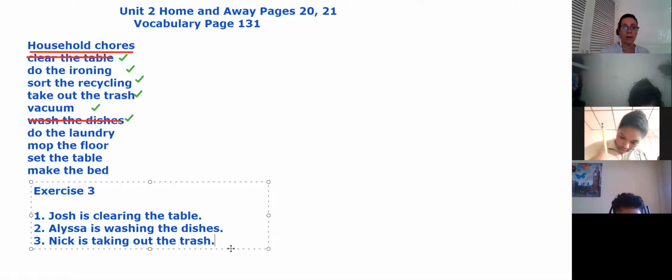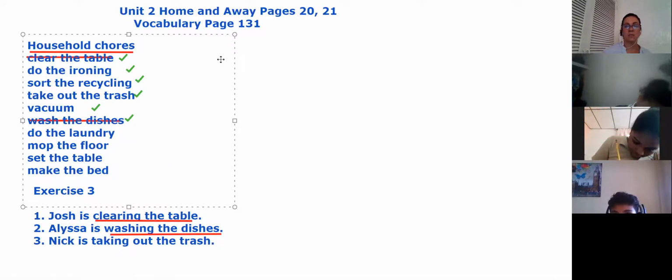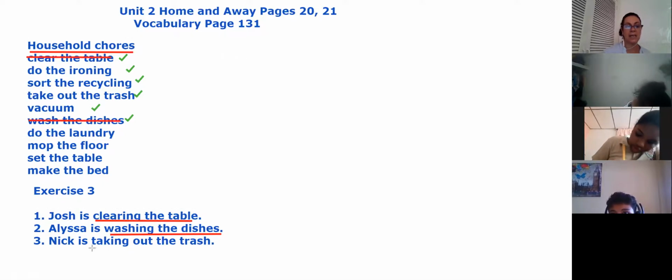Everything they throw away in bags, he takes it out of the house. Trash. So that is in the fill in the line. He's taking out.